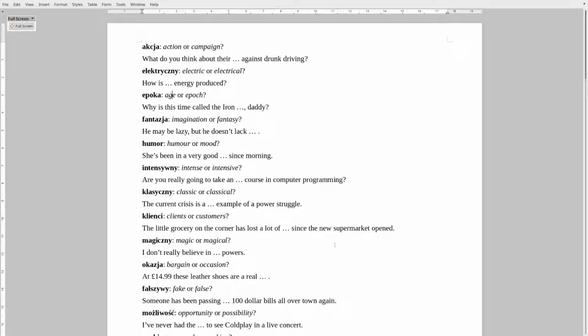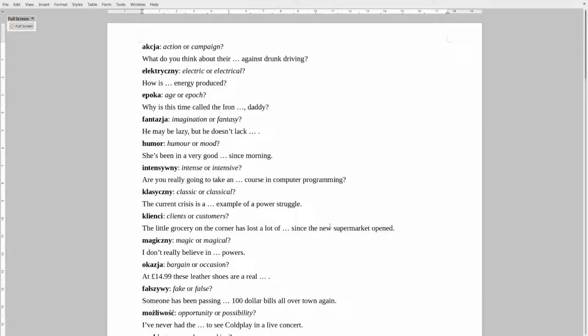Okay, so epocha, age or epoch. Why is this time called the Iron Age, Daddy? Right? So you have the Iron Age, the Stone Age, the Ice Age. Fantasia. Imagination or fantasy. He may be lazy, but he doesn't lack imagination.